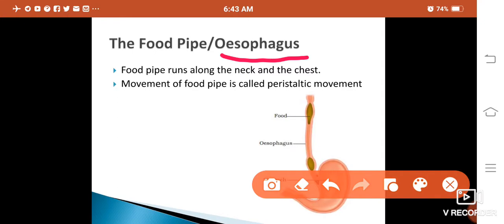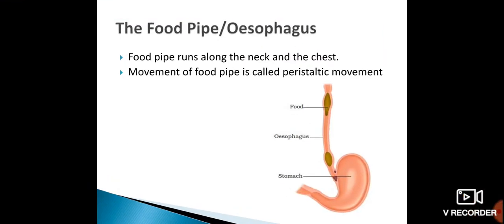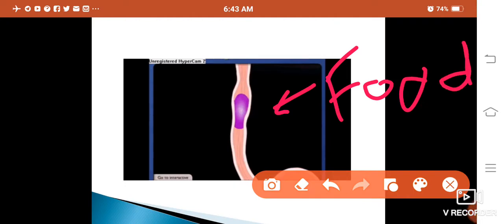You can see this movement in another slide. See it. This is food, and the up and down movement, or you can say contraction and relaxation, is known as peristaltic movement.